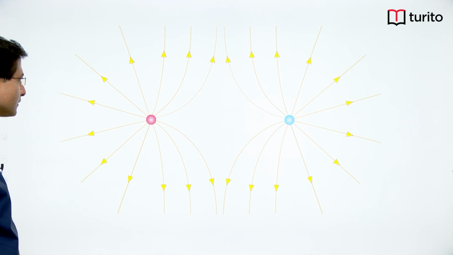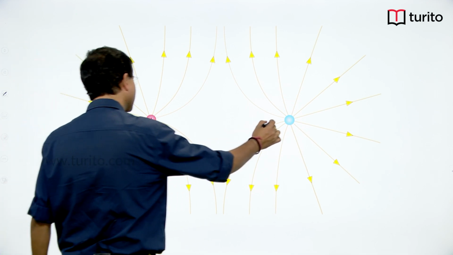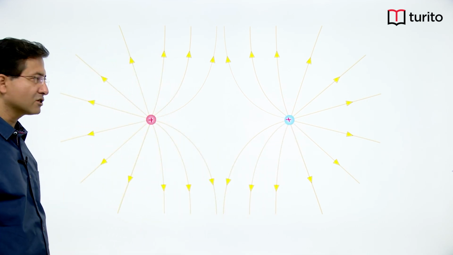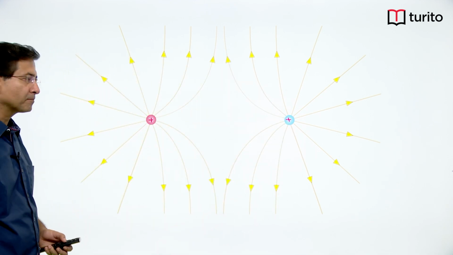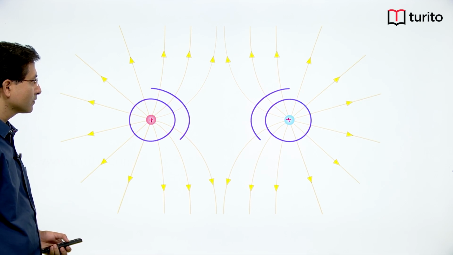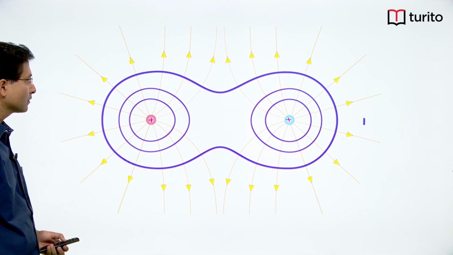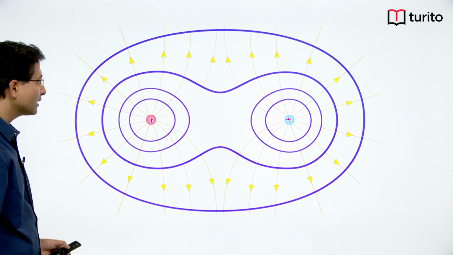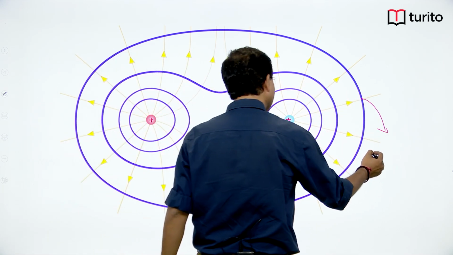See, if I take 2 positive charges and I want to draw equipotential lines on the xy plane, see how the equipotential lines will be. These lines are representing equipotential.